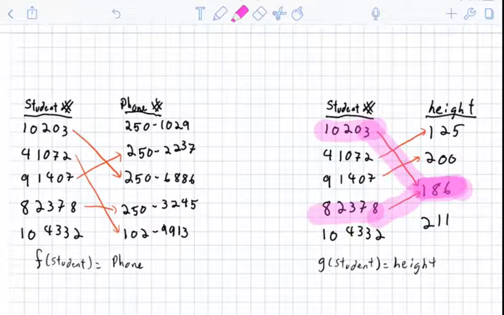Now, there's nothing wrong with that in a function. It happens a lot. There's all sorts of functions where two inputs give you the same output. It's okay to have the same output for two different inputs. It's just that limits whether or not a function can have an inverse. So this is a property we call one-to-one.